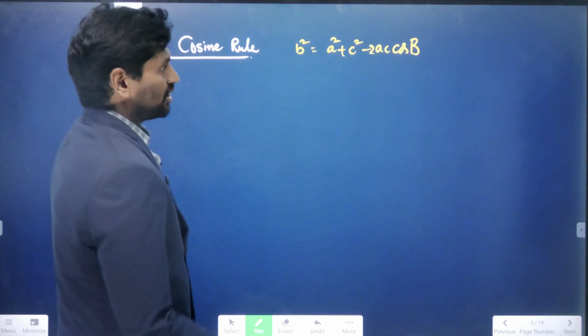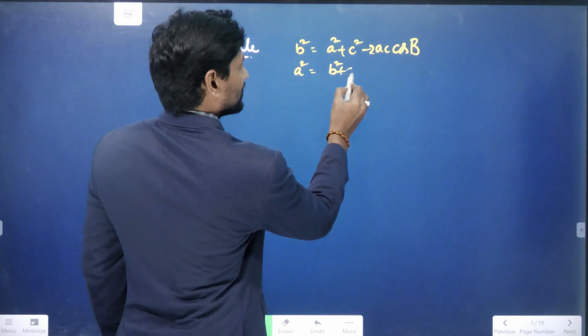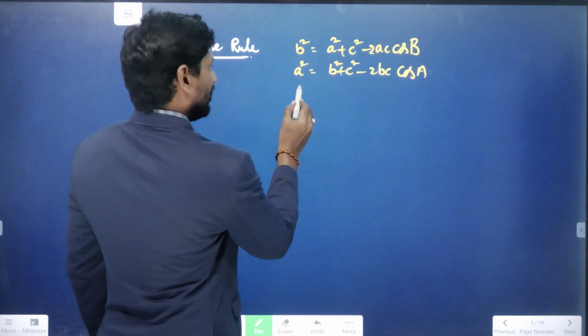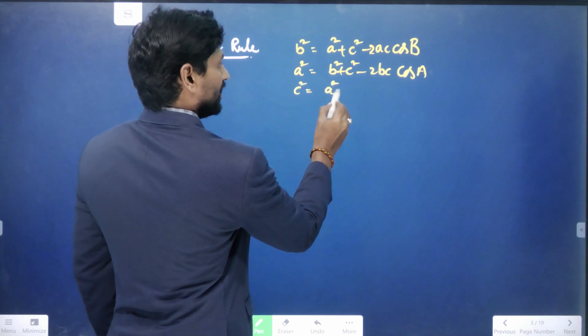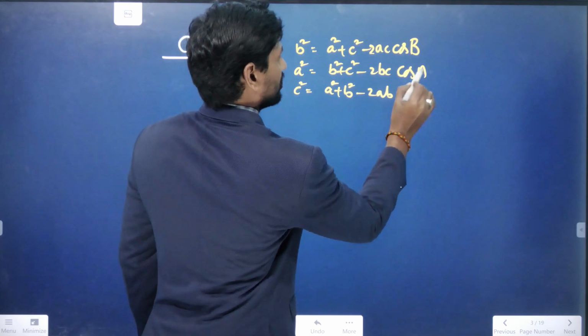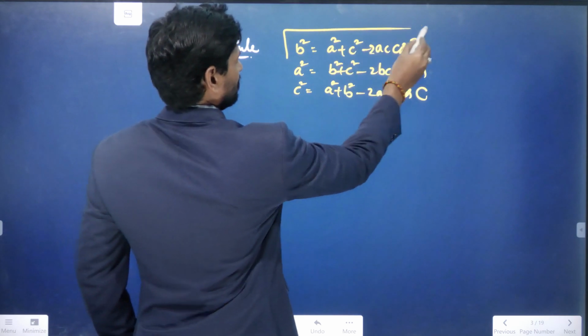Or if you start from a square equals b square plus c square minus 2bc cos A, or c square equals a square plus b square minus 2ab cos C. So this is called the cosine rule. Any one of them we can use.